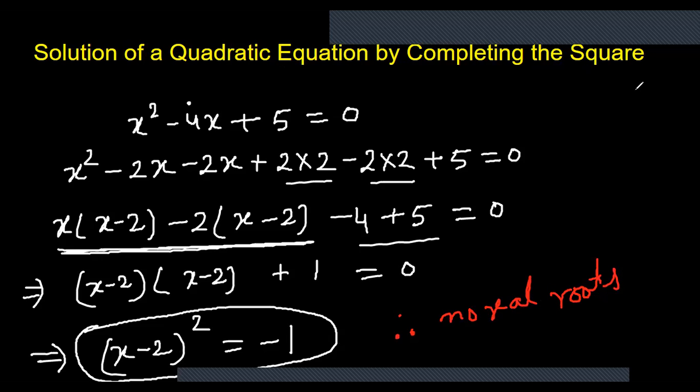Consider another example. Now we take x squared minus 4x minus 5 is equal to 0. It's similar to the previous one, and now we will do the same thing. What we do is split the 4x into two equal halves, that is 2x and 2x.